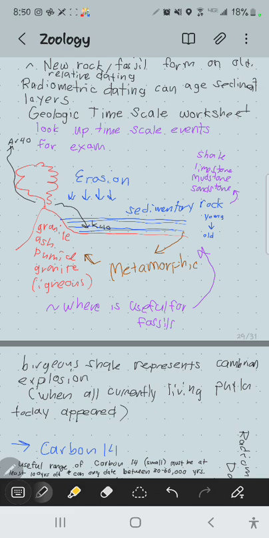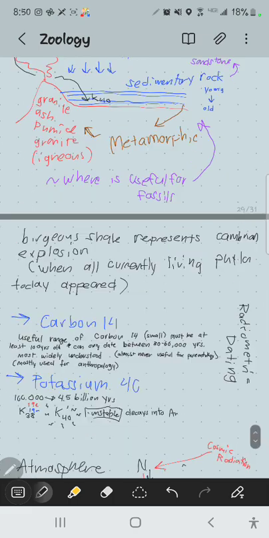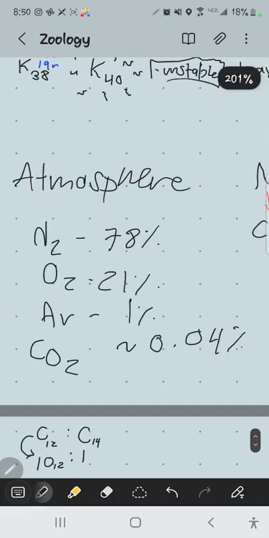So you take an ash sample to a mass spectrometer, like you did with carbon-14, and you calculate the ratio of potassium-40, because this will radio decay into argon-40.